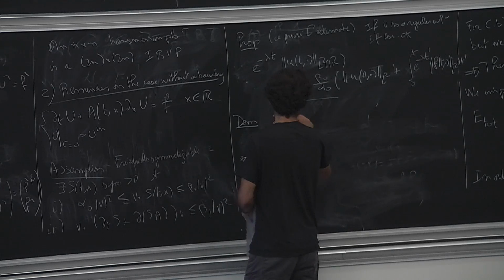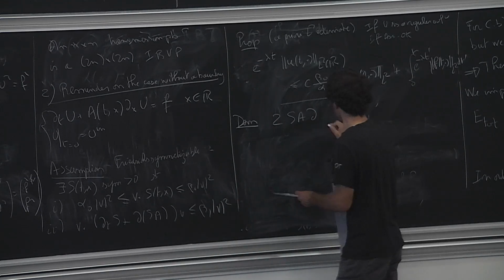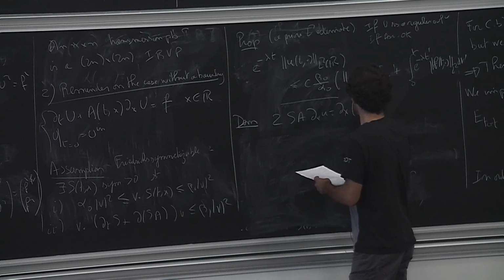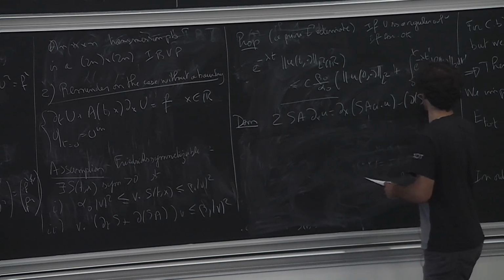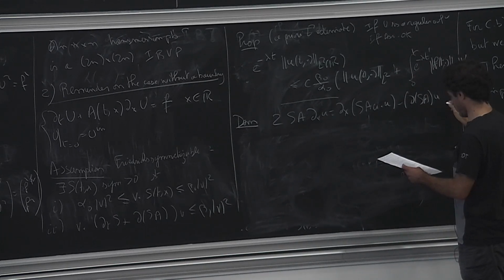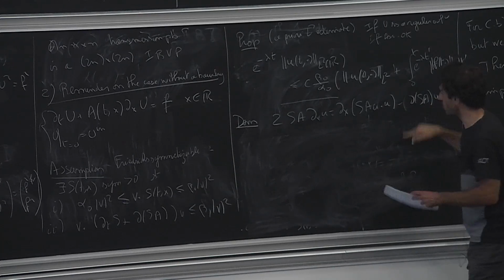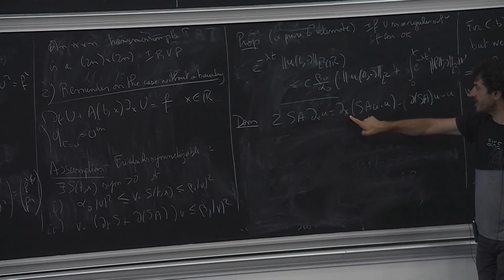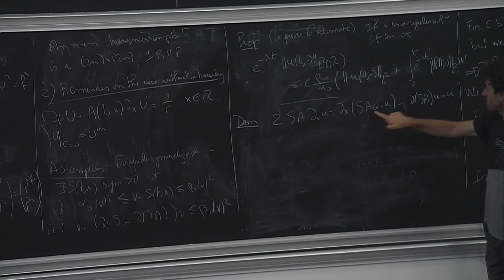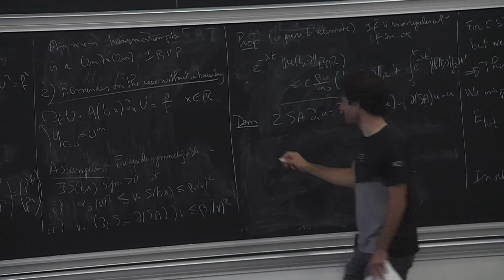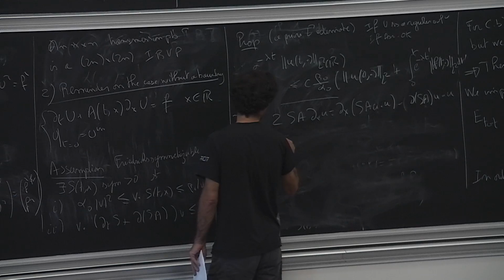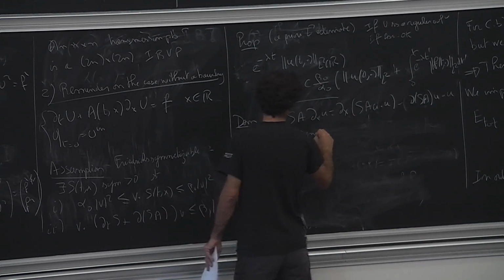So it's just to remark that you have ∂x(SA u)·u. If you differentiate in x, the ∂x can go on this quantity and can go on the u. But since SA is symmetric, if the ∂x goes here or here, it's the same. So this gives me this component. Okay, so I use the fact that SA is symmetric.